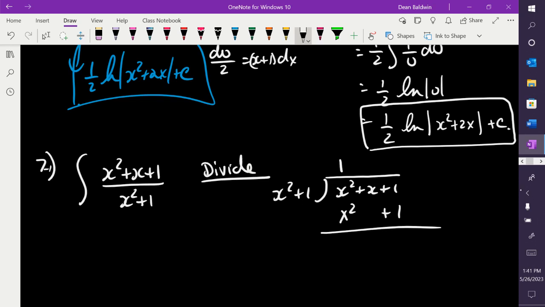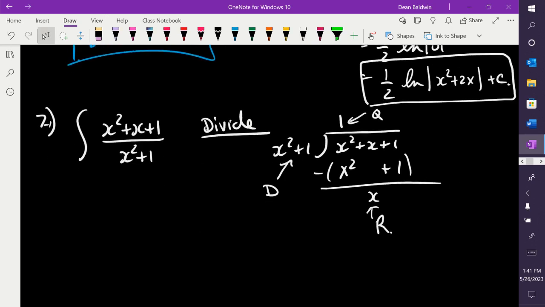And then you subtract them. x squared minus x squared is nothing, x minus nothing is x, 1 minus 1 is 0. So this is my remainder, this is the divisor, and this one up here is the quotient.